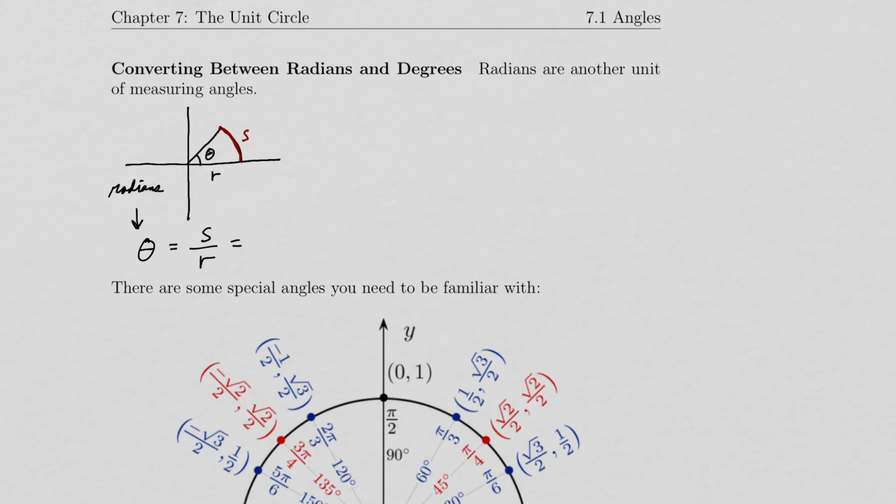Right? So the S is the arc length divided by the radius. And those are both lengths, right? So if I measure this in meters, or feet, it doesn't really matter. So I measure this, say, in meters, and I measure the R in meters. That ratio defines this angle in radians.